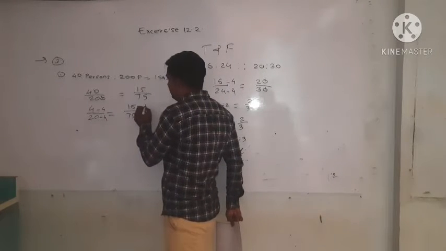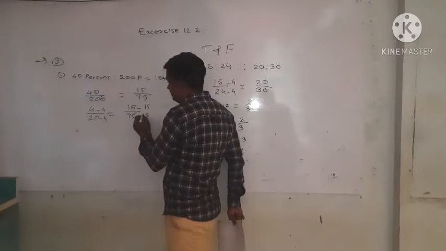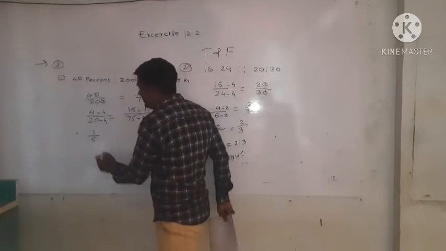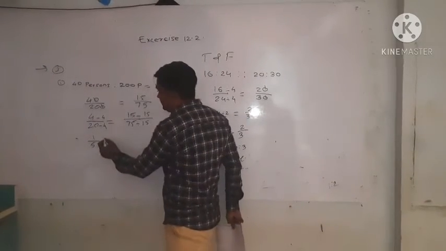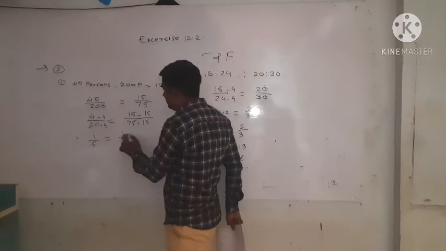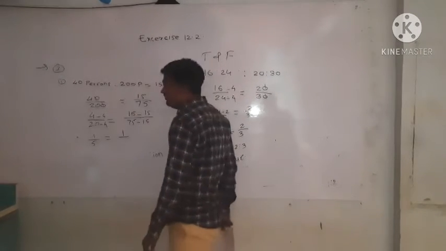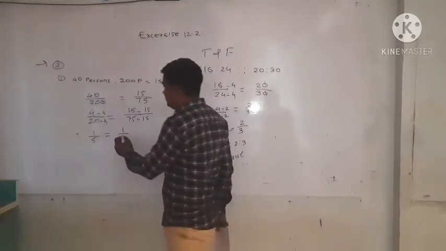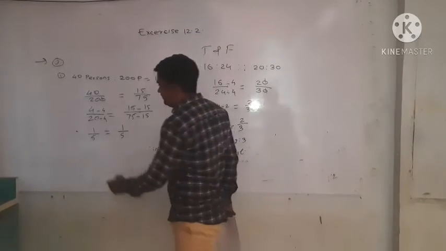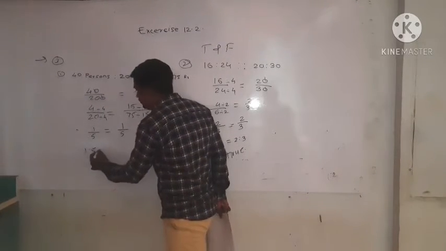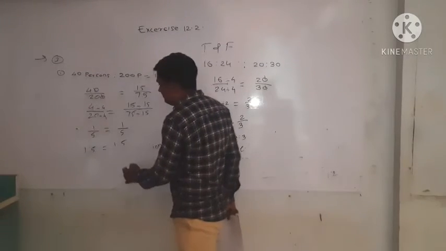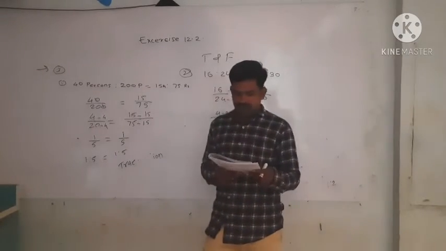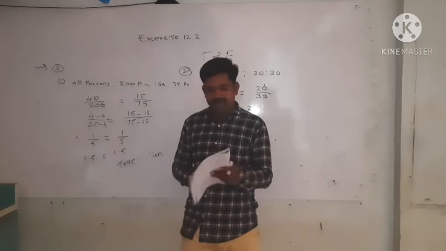Here divided by 15, divided by 15. 4 ones are 4, 4 fives are 20 is equal to 15 ones are 15. Now you know the 15 number table. 15 ones are 15, 15 twos are 30, 15 threes are 45, 15 fours are 60, 15 fives are 75. So what can we say? Both numbers are same. So this statement is true. Now remaining examples you can do at home.